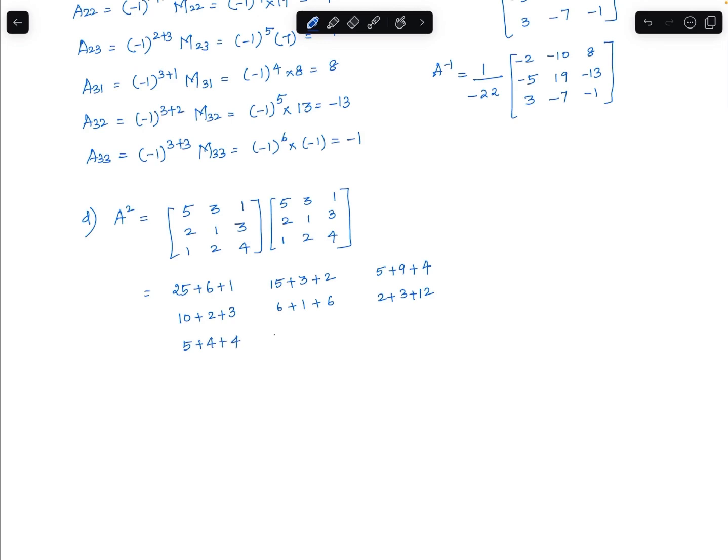Third row and the second column, 3 plus 2 plus 8. Third row and the third column, 1 plus 6 plus 16, which gives us 32, 20, 18, 15, 13, 17, 13, 13 and 23.